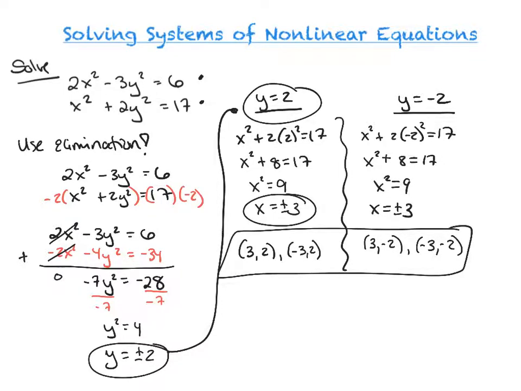What that means for this graph is we have 4 different points of intersection. And if you have graphed things recently, you might recognize this top equation, since the x's and y's are being subtracted, as a hyperbola, and the bottom equation, since the x squareds and y squareds are being added, as an ellipse.